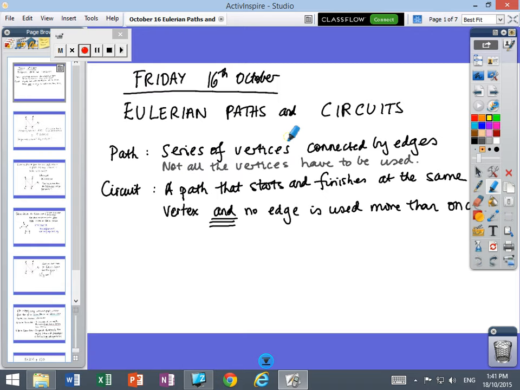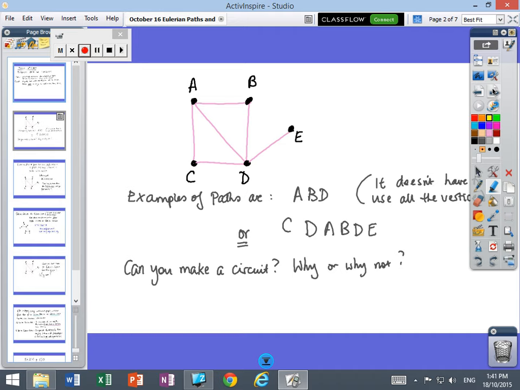Can you get back to the same spot? You could, as long as you don't use all the paths. So a circuit: C, A, B, D, C. We haven't gone to all the vertices, but that's not important at this stage. If you need to copy that down, have a go.